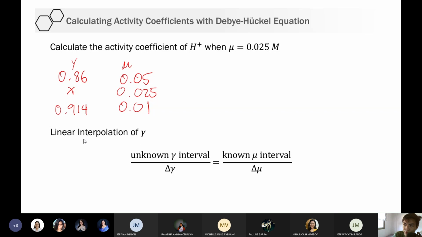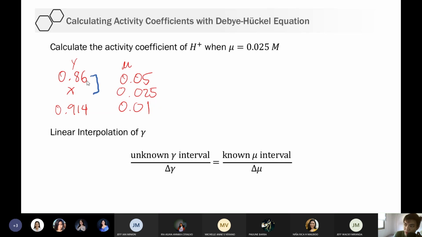Then the equation to be used for linear interpolation is this: the unknown gamma interval divided by delta gamma equals the known mu interval divided by delta mu. So what is the unknown gamma interval? It is the difference of the largest gamma and the unknown gamma.